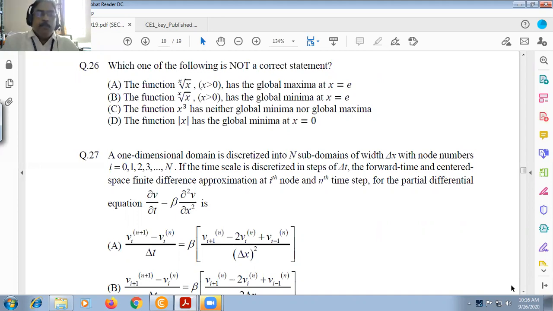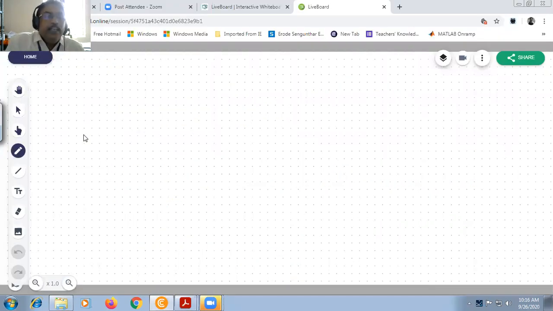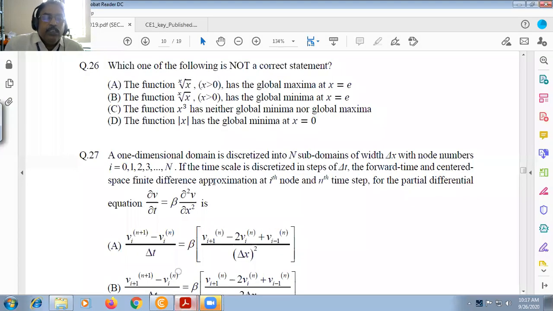See, this is a problem where they have given like this, right? When it is dou by dou t, we have delta t as the increment, and delta x as increment in x direction. That is what they have given. So don't get confused by these questions.